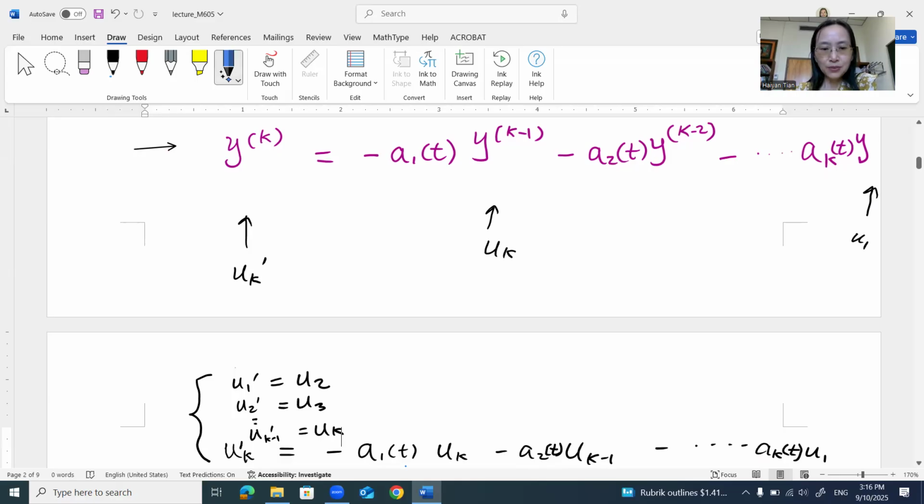So in order to make it autonomous, let's define a new function, for example u0. u0's derivative is 1. u0 is actually t. So then we can replace whatever t is on the right-hand side with u0.